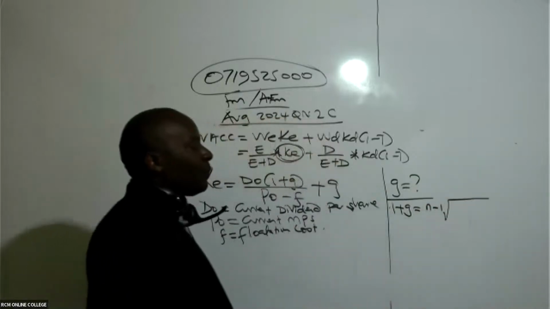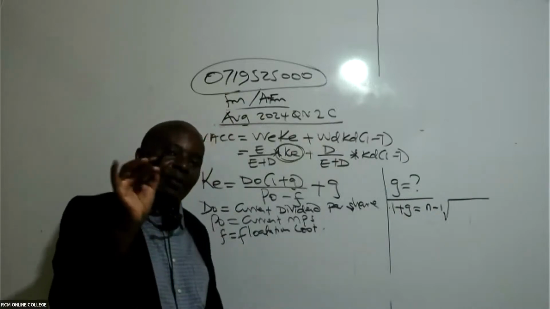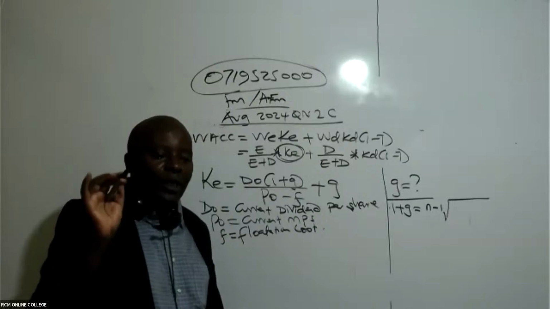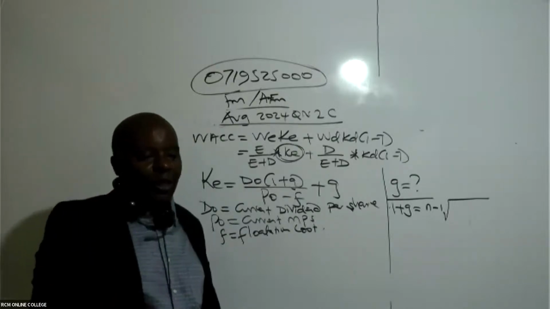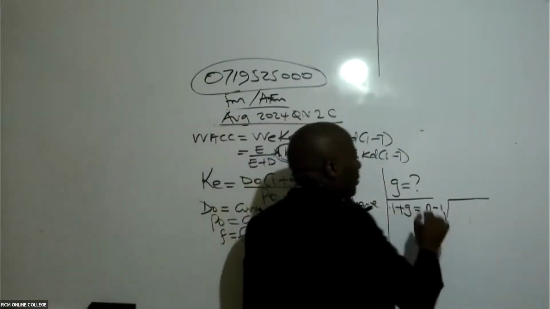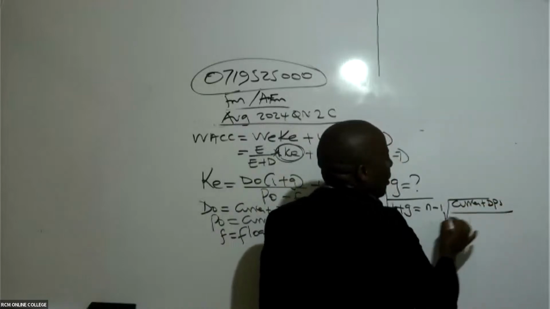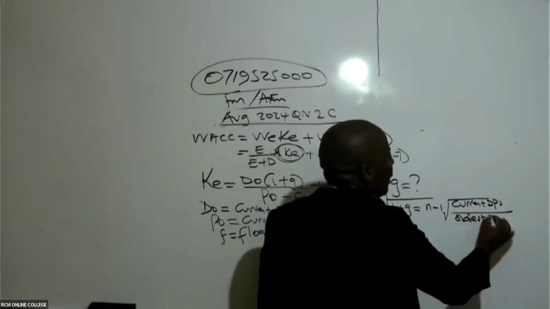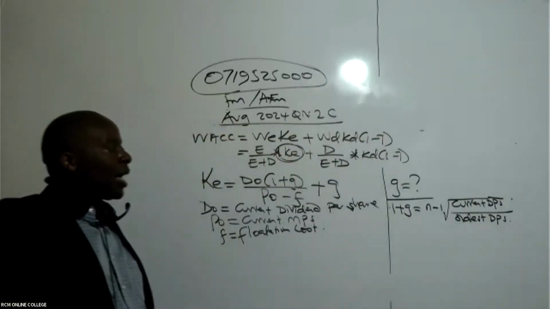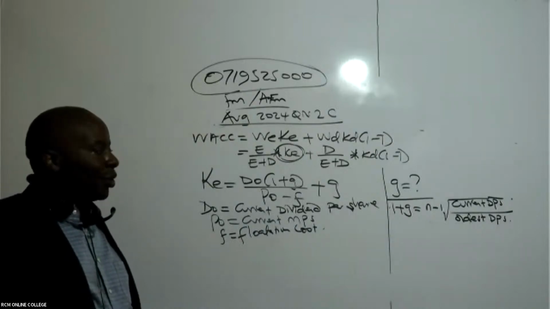Whenever the examiner gives you many dividend amounts, they want you to calculate G. We start by saying 1 plus G equals the N minus 1 root of current DPS over oldest DPS.